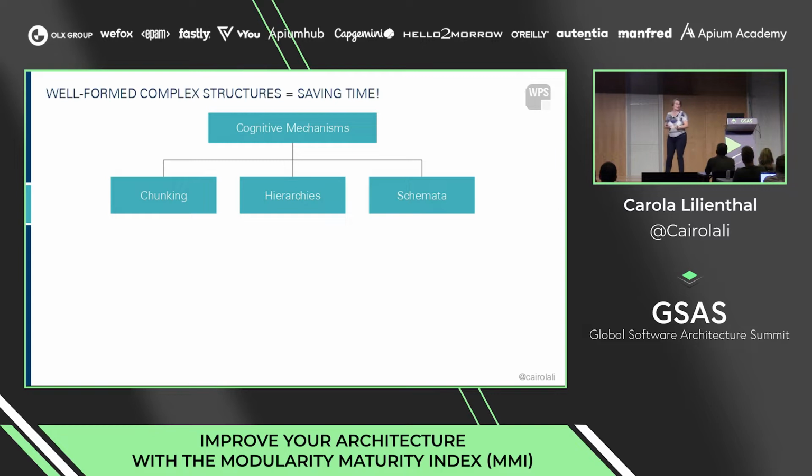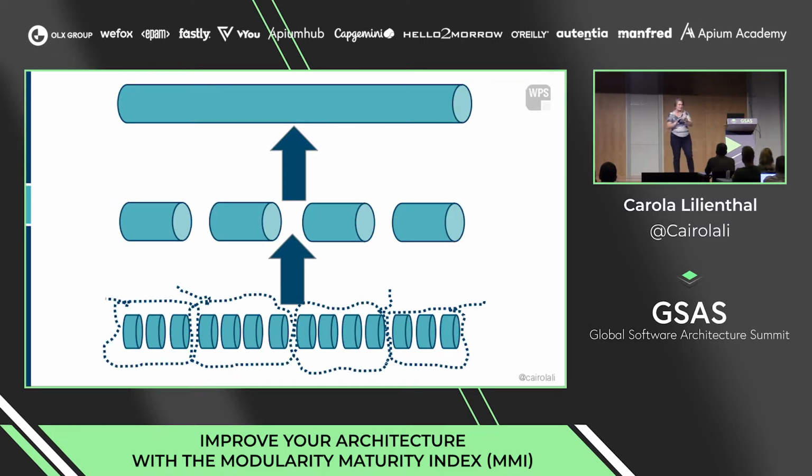Chunking is a process that is going on here all the time. Chunking means that you are picking up little bits and pieces of information and you're creating bigger ones, huger chunks. Michael talked about the Miller law with a 7 plus minus 2. This is exactly the same thing.